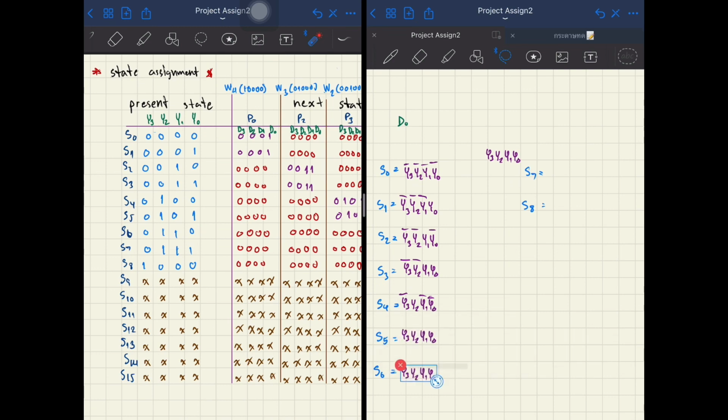prepare for writing. Okay, S5 is 0 1 0 1, so we must give the complement at y3 and y1, right? S6 is 0 1 1 0, y3 and y0.